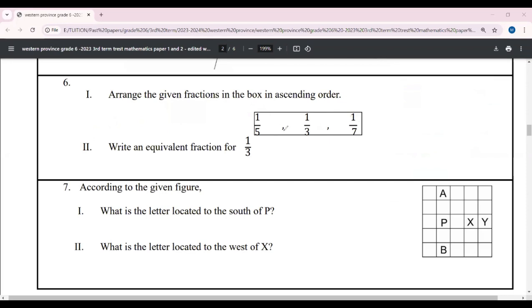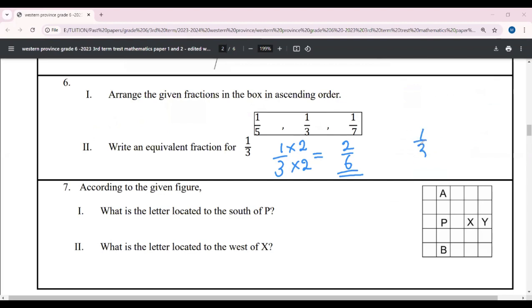Okay, write an equivalent fraction for 1 over 3. You can multiply the numerator and denominator by 2, and you get 2 over 6. So this is an equivalent fraction. You can multiply by any number.